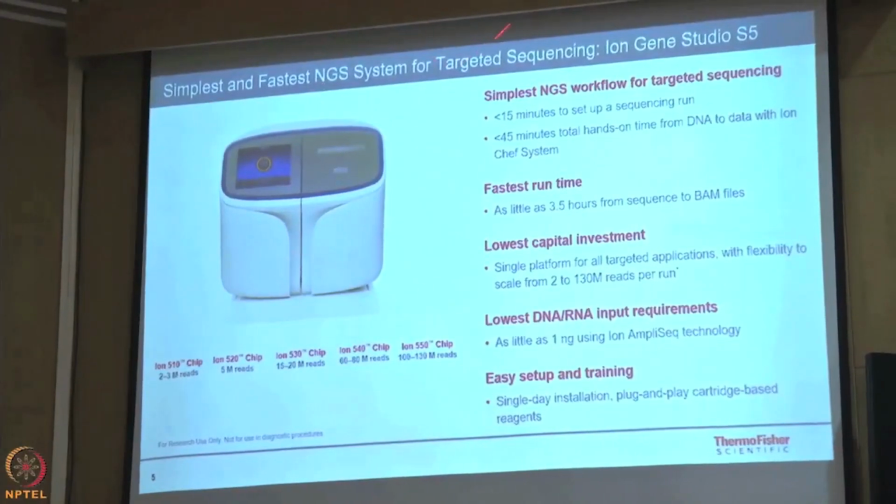So, all of that, a basic workflow what is involved, I'll just briefly explain this slide. This is the sequencer which we are here displaying, and this is Ion GeneStudio S5 which has 5 different chips which gives you a versatility from producing anywhere from 2 million reads to 130 million reads.